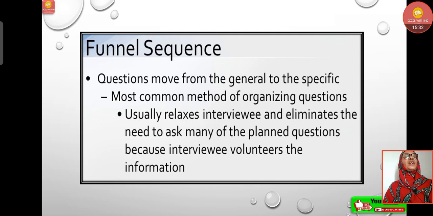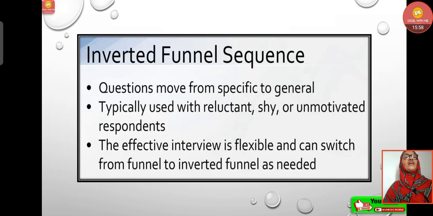Questions move from the general to the specific, like this cone, general to specific. It is the most common method of organizing questions, usually relaxes the interviewee and eliminates the need to ask many of the planned questions because the interviewee volunteers the information. We ask them the general questions, and slowly we move forward to the specific. That is the funnel question.